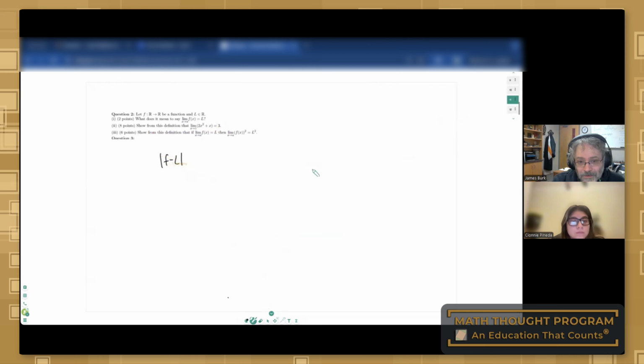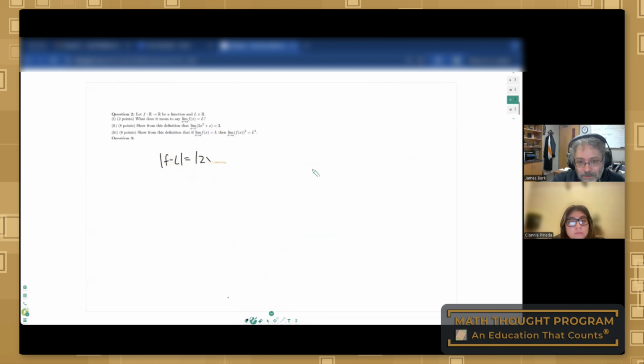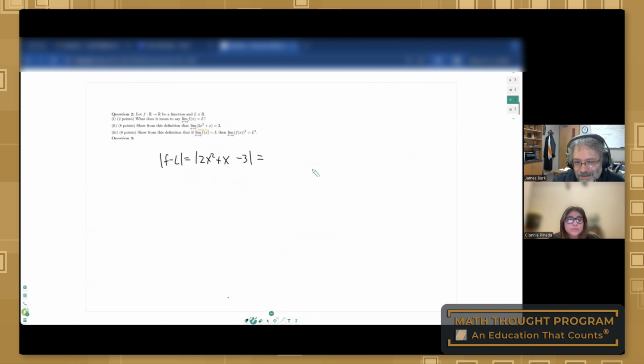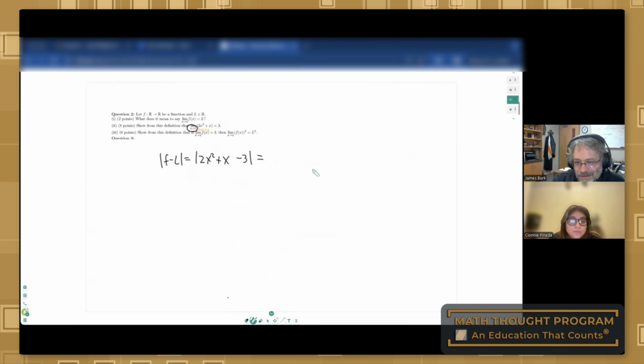Now, let's just take a quick look at this one. Your number 2. You see where it has quadratic? So what we're going to do again is look at f minus L. And when I look at this, you see the x approaching 1.